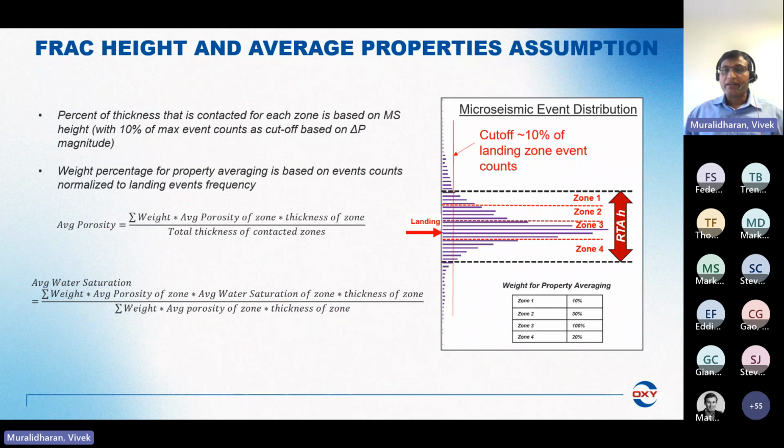So having more weightage to the landing zone is more in line with your consistency. In this example, I'm showing that zone 3 is relatively 100% because that's the landing zone. Zone 2 is going to be a truncated efficiency, zone 1 is going to be even lower, and zone 4 is 20.